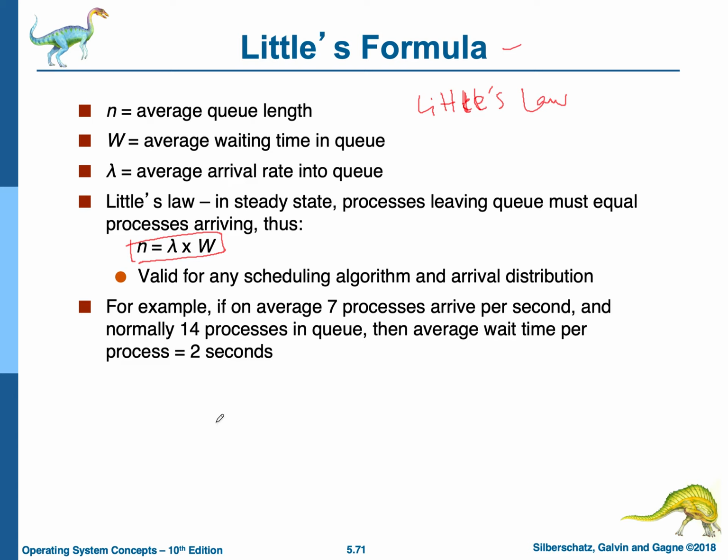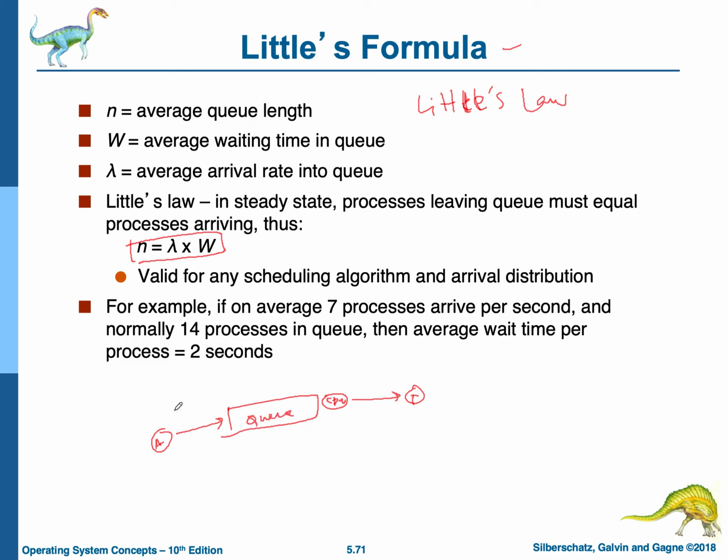Now for example, here is the queue and the server is departing. This is arrival and this is terminating, and this is CPU and this is queue.